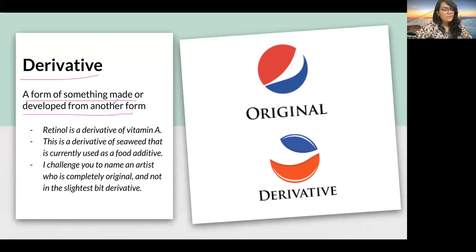So it is a form of something made or developed from another form. Retinol is a derivative of vitamin A. That means retinol is made from vitamin A. This is a derivative of seaweed that is currently used as a food additive. That means this product is made from seaweeds that are added to food.